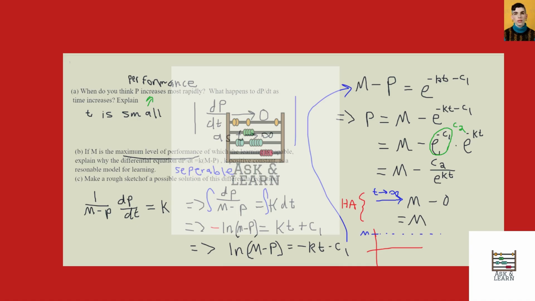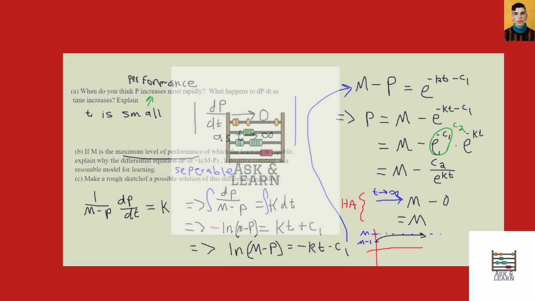And I can just go ahead and choose any value for C2 here, since it just wants a possible solution, which just means I can choose C2 to be whatever I want. So I'll just go ahead and make this so that C2 is equal to 1. And when I do that, I end up with M minus 1, and I'm just going to do that for convenience. And then you can see that this will tend towards it like that.